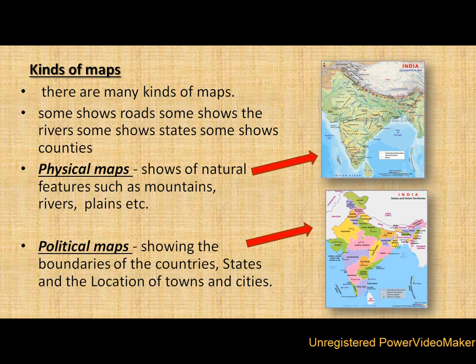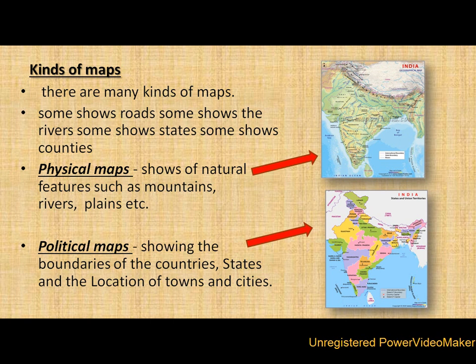All the blue color which you are seeing on the map shows the rivers or water bodies, and you can find different colors like green, white, brown, yellow. All these are shown to mention mountain, river, plain, etc. So all the geographical features are shown in the map.